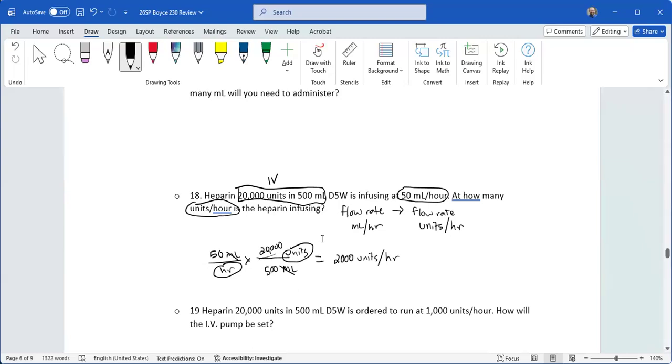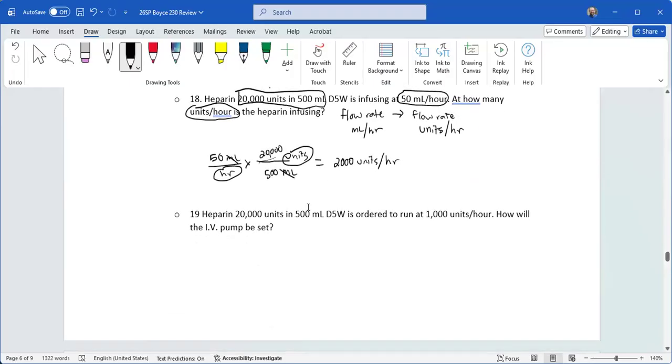I'm going to do the exact same thing here, but in this situation, I'm going in the reverse, right? So I have my IV. So that's what's in my IV. This time, though, it gives me units per hour, and it wants to know what the IV pump will be set to.